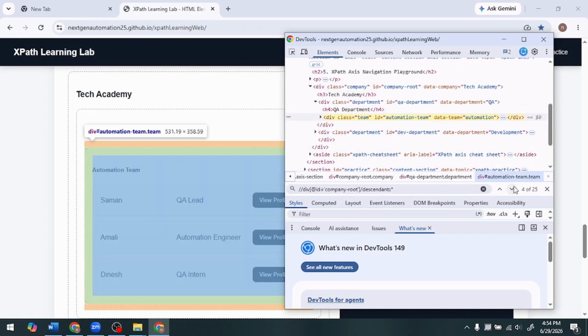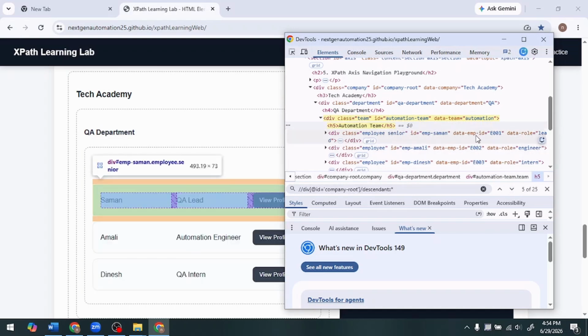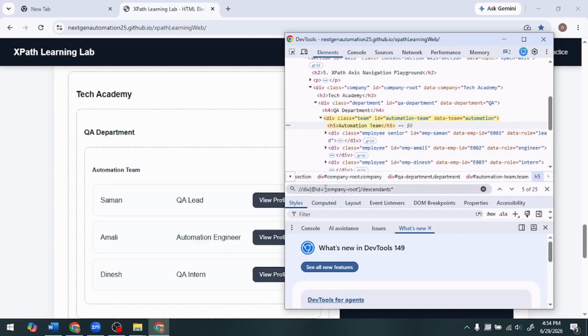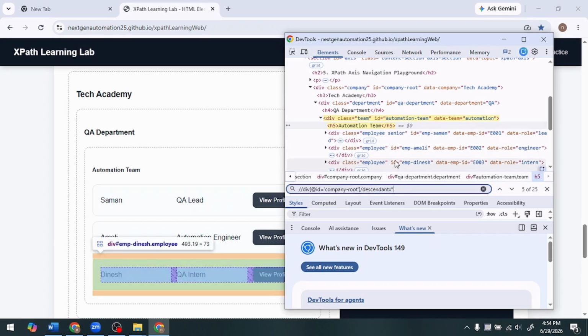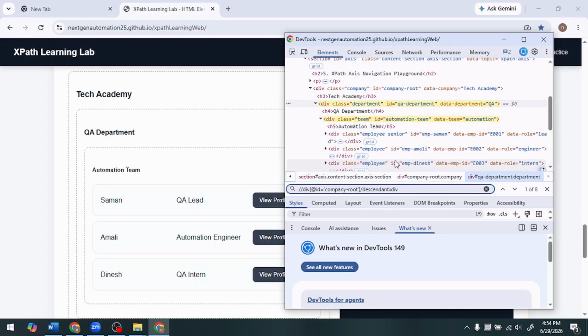So likewise all the 25 tags are derived from the id company root node. Instead of star, if you type div, it gives only 8 div tags.